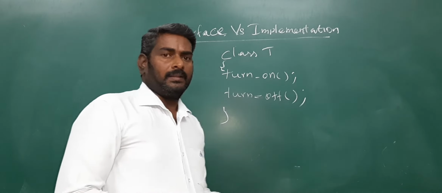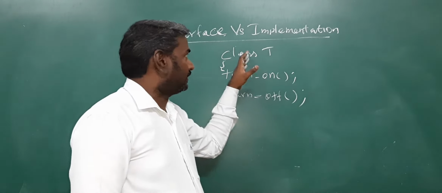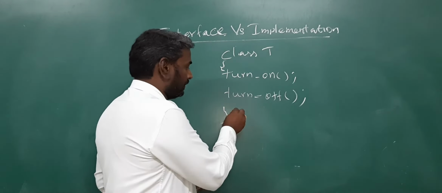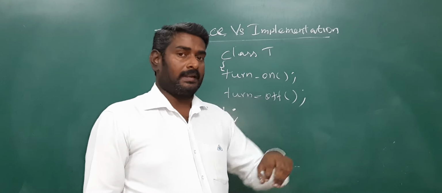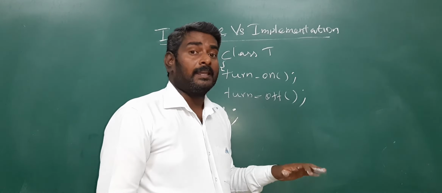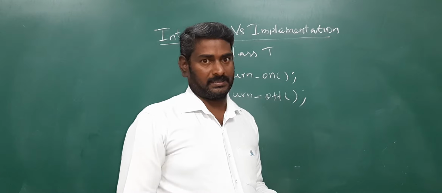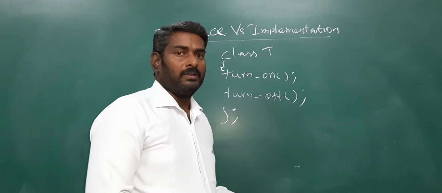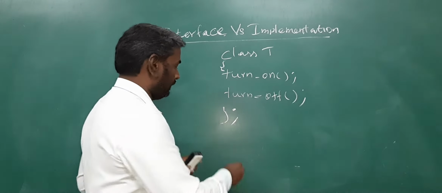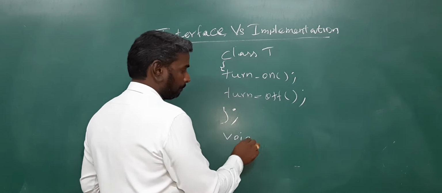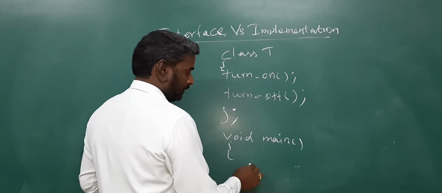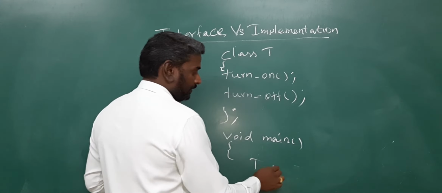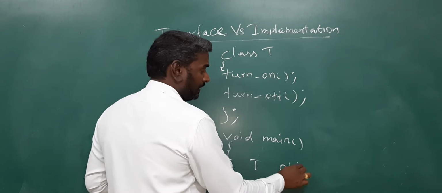Next, the class declaration. This class declaration combines the external interface with an implementation of that interface. Now we create the object. For the class T, the object is called OB.